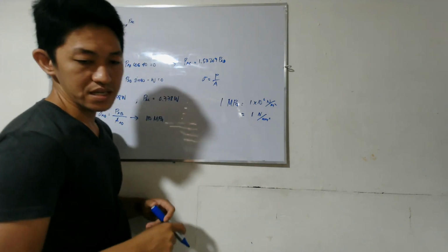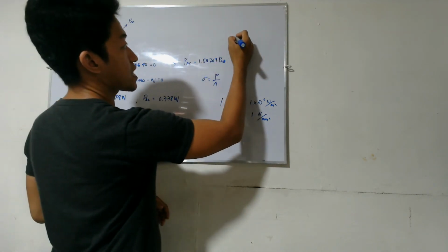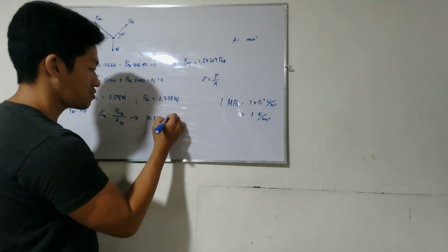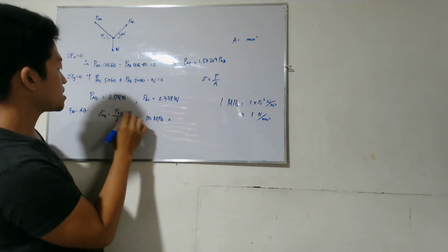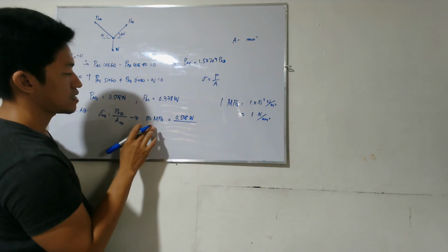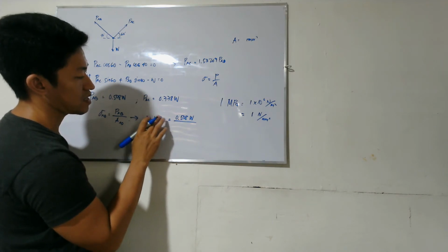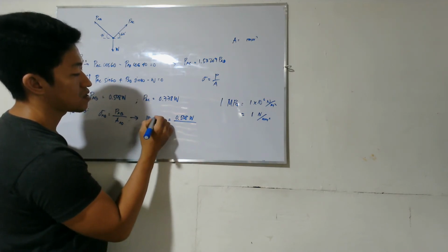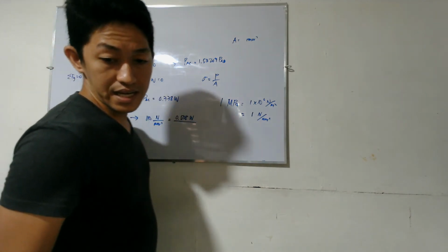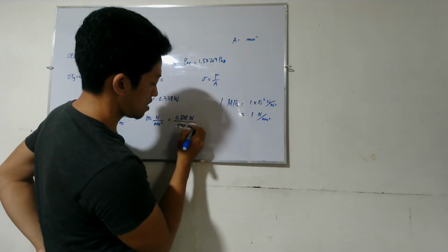The Newton per mm squared is easier to use because your area is in mm squared. So, PAB is 0.508 W over, in Newton per mm squared, the area of your AB which is 800 mm squared.